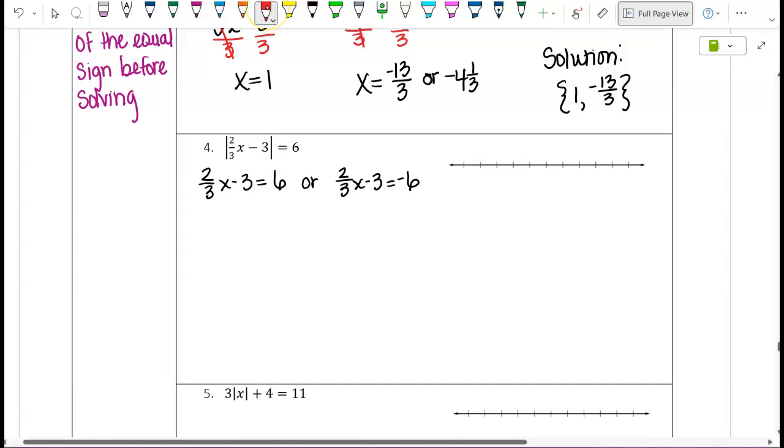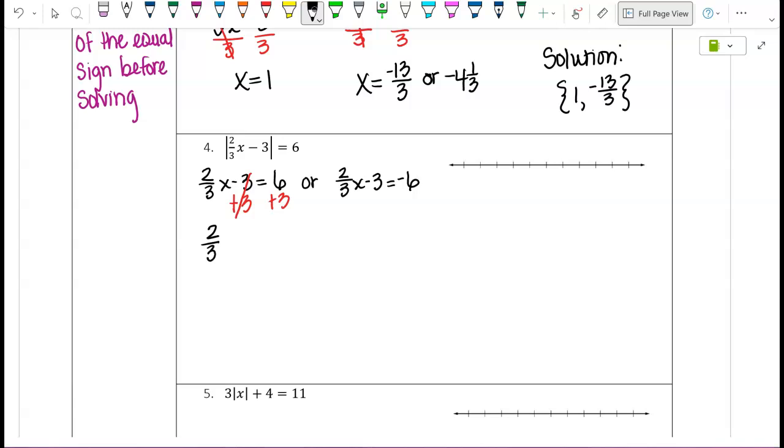Again, I'm going to use my properties of equality. I'm going to use my addition property of equality here that says I can add the same thing to both sides. So it was a -3, I add 3. So I get 2/3 x equals 9.